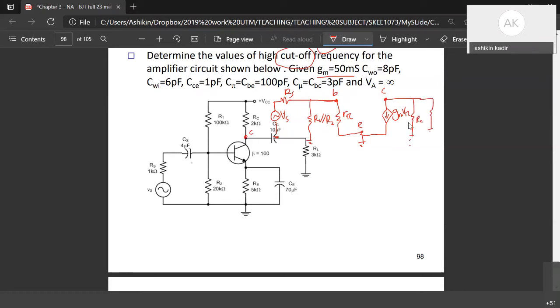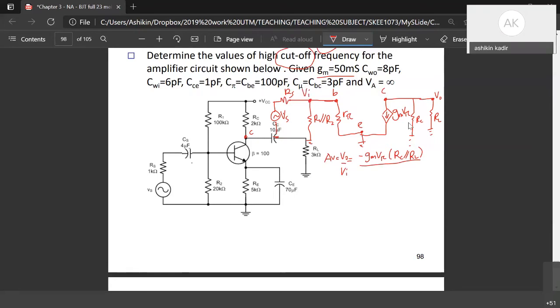RC, RL, V out. So from this, you know that your AV equals V out over V in. V out is RC and RL parallel, right? So you have negative GM V pi times RC parallel with RL, divided by VI.